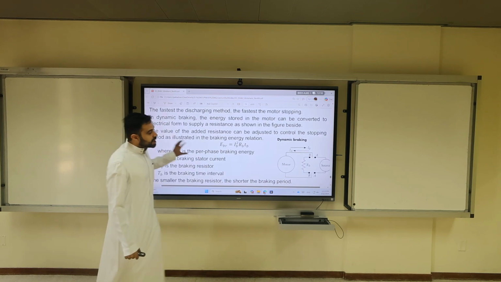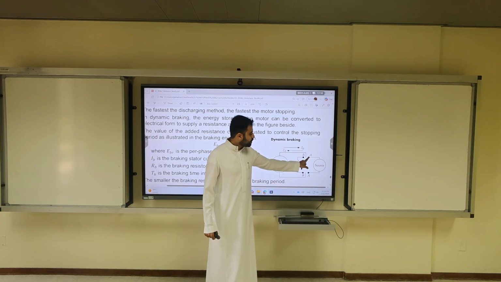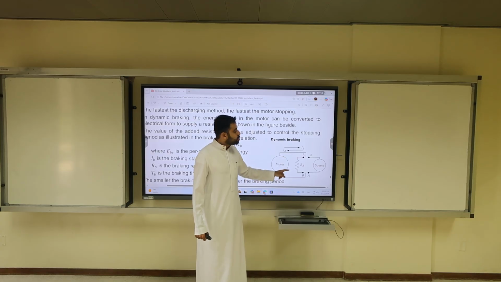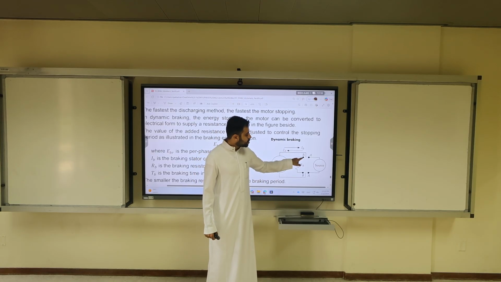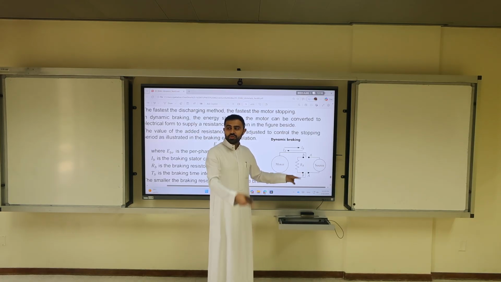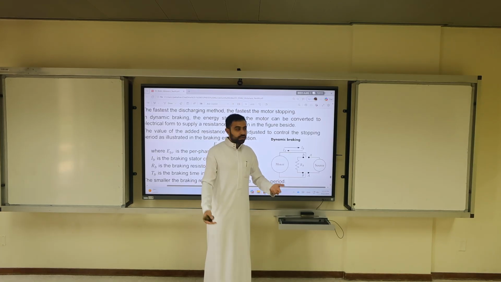So in this scheme of braking, it is initially connected between point A and A. So you have IA. You connect the motor to a resistor and the flow of current would be reversed to be dissipated in the resistor. So now you're making the slow down process faster. You dissipate it as a form of heat or light or whatever.